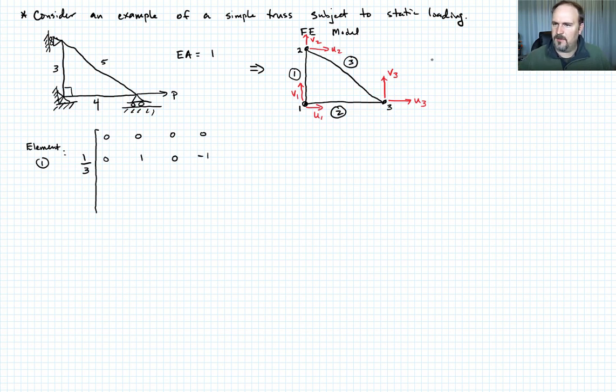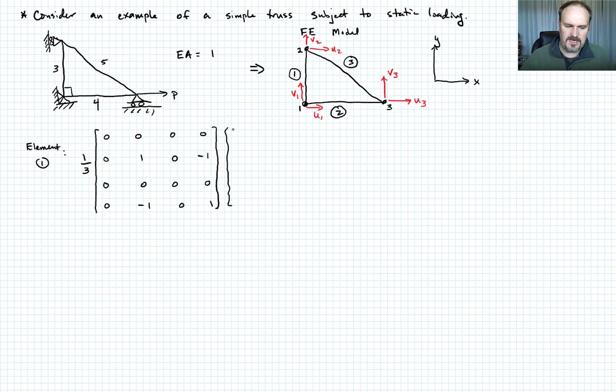And I should also give you a coordinate system, so this is x and y. The third row on element 1 is zeros, and the final row is 0, -1, 0, 1. That term I just wrote down is the stiffness matrix. It's multiplied by my nodal displacements, which in this case are U1, V1, U2, and V2.